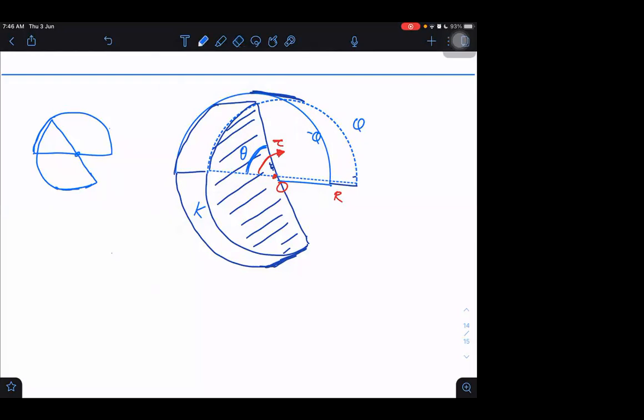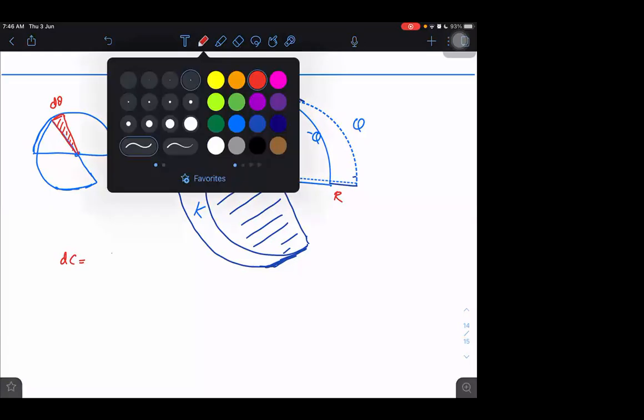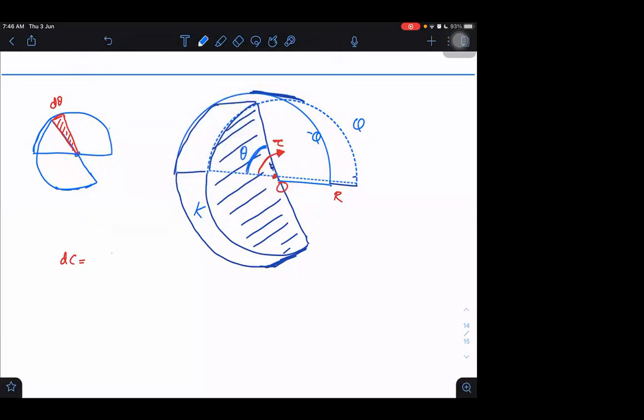So how to do? See, I will make this equivalent diagram for this. What will be dC? We can find from here. This extra charge, when it will be moving by d theta angle, then dC, the change in capacitance only, will be equal to, I'm doing it in a slightly different way. I could do it last time also, but last time I was not taking this change in area, because this way also we can do, right?